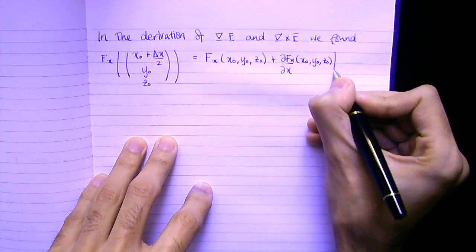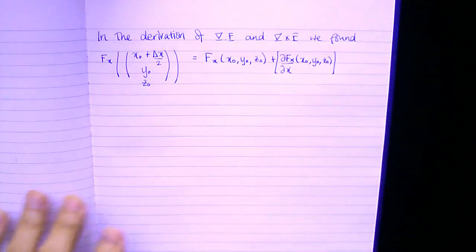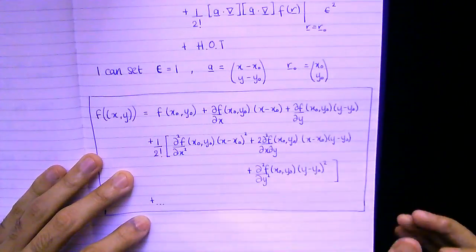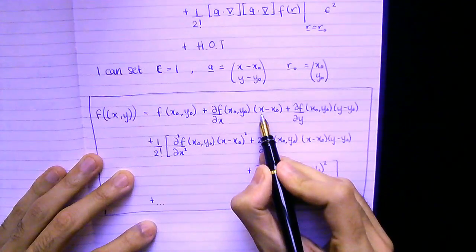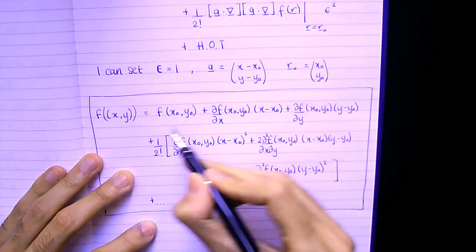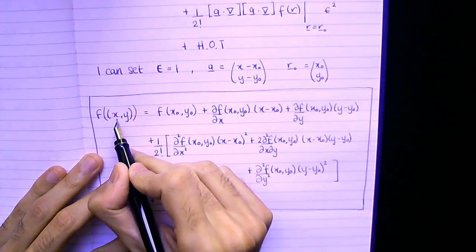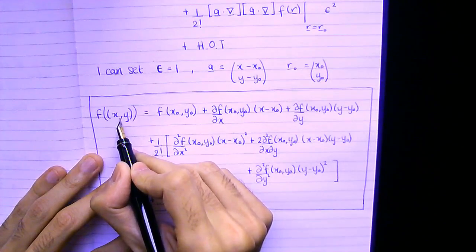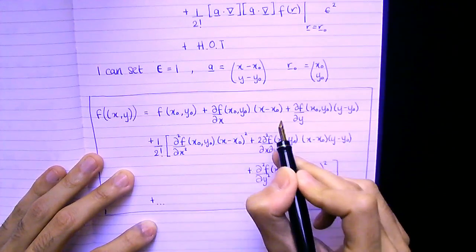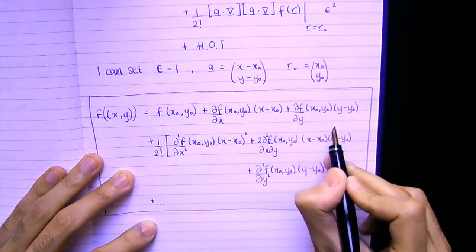I'm going to put brackets around this just to make it clearer. And then this is multiplied by, if we go back to our Taylor series expansion, x minus x0, where this x is the point at which we choose to evaluate it. If I choose to evaluate this at x0, y0, then this term will cancel. Whatever appears here is what this x, this y is.